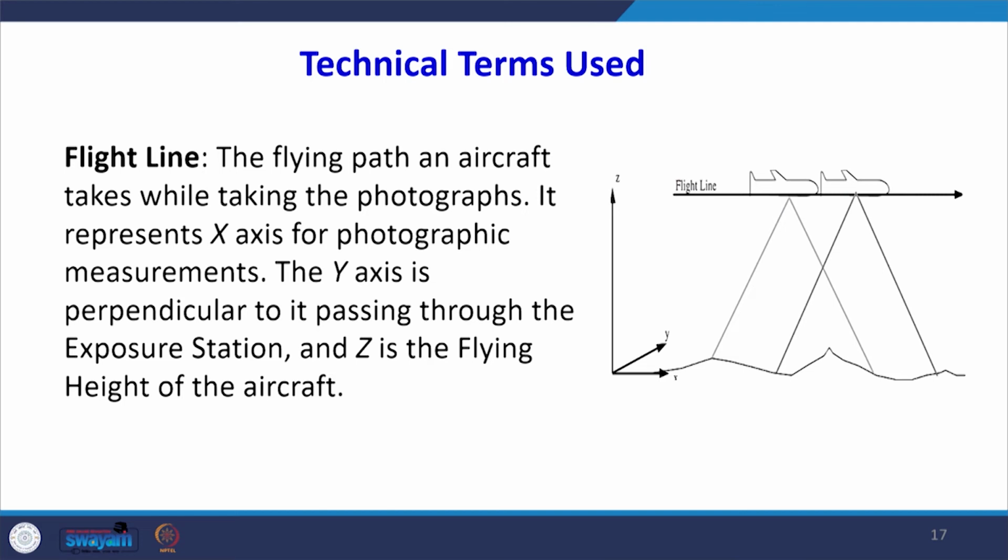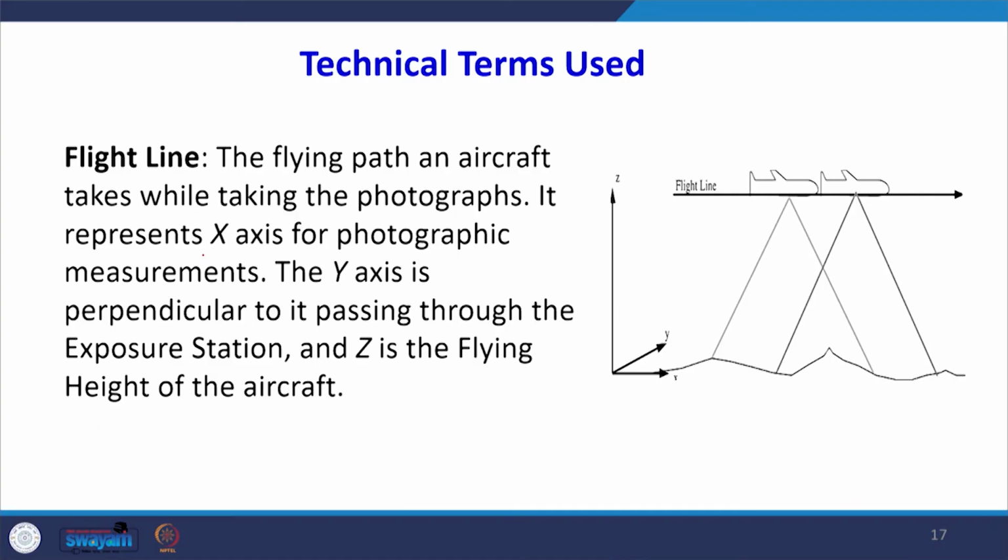Next term is the flight line, and this flight line indicates the flight path. The meaning is self-evident. The aircraft, when it is taking the images, is following a certain path. That path is known as the flight line, and in photogrammetry, it represents the x axis for photographic measurement.